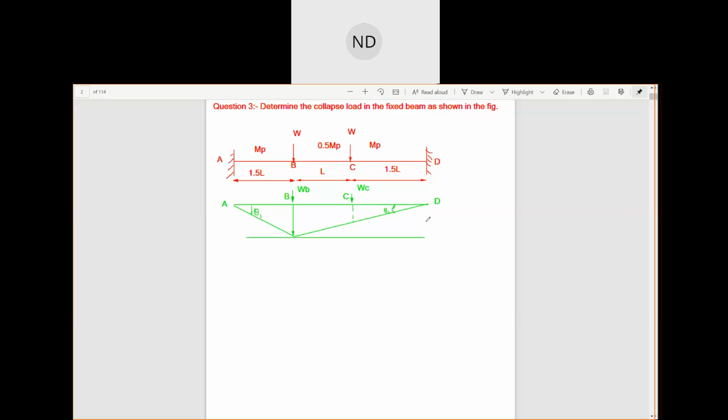Theta 2. Okay. And here this angle will also become theta 1 plus theta 2. This will become what? Theta 1 plus theta 2.